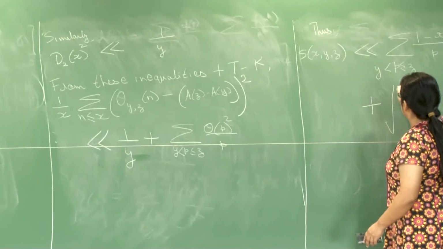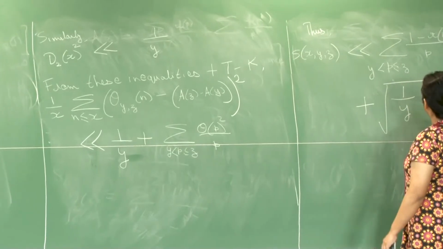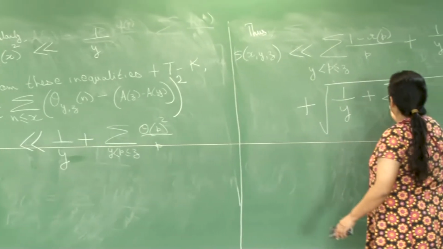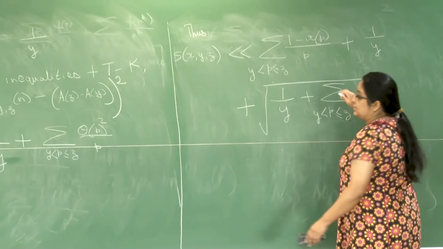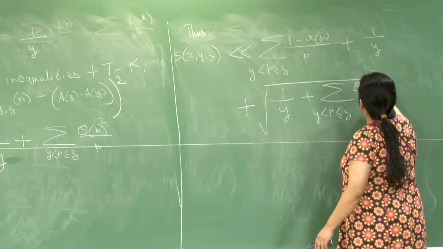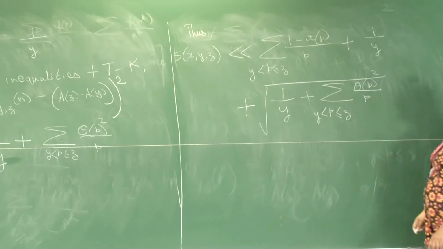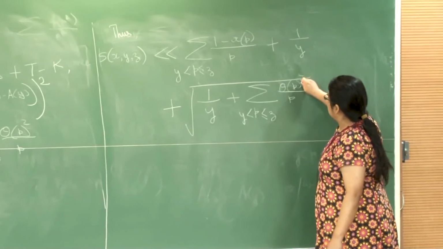So, you can just write this as the square root of 1 over y plus the summation over p greater than y and less than or equal to z of theta of p whole square over p. The square is inside.